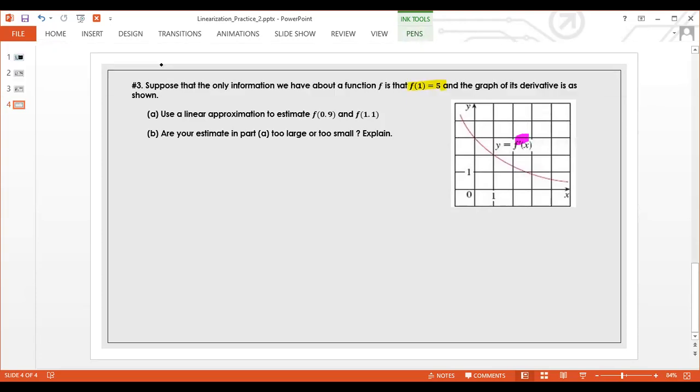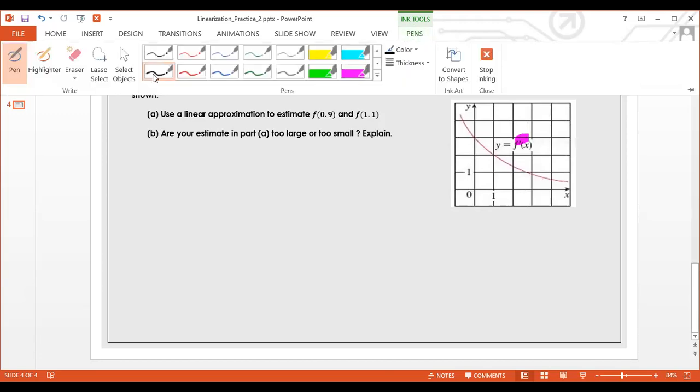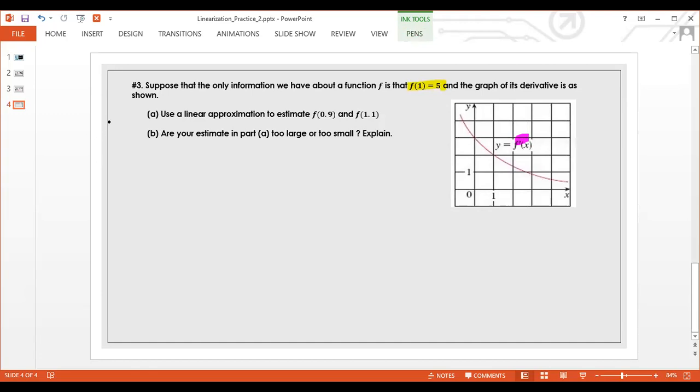And then we say, hey, let's try to use a linear approximation to estimate f(0.9) and f(1.1). Whoa, okay, so first things here, let's write down what we know, right? So f of 1 equal to 5. This is a given, and we want to find f(0.9).